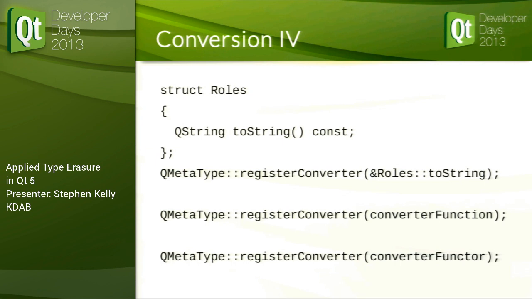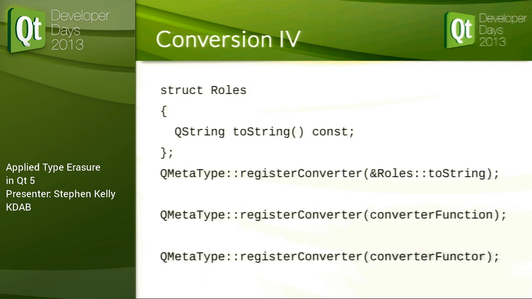So also new in Qt 5.2, you're able to specify converters from any type to any other type. That was written by my colleague Christoph. But the API is just registerConverter. And here I pass a function pointer to the toString method from some kind of source type. So here I want to be able to convert from a Roles instance to a string.